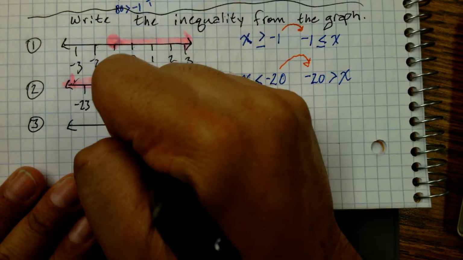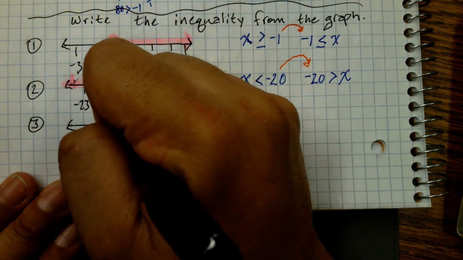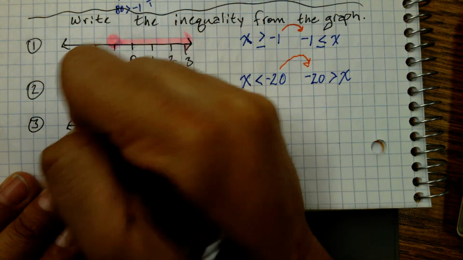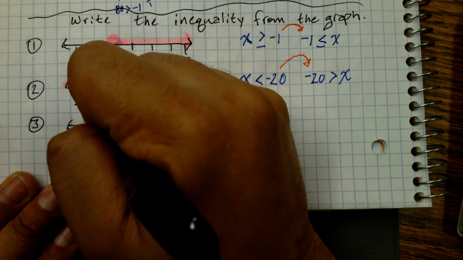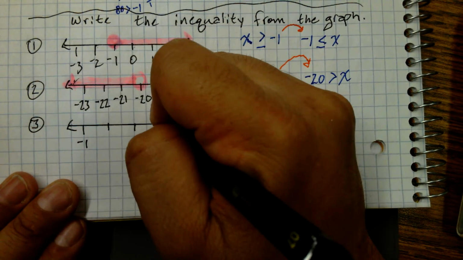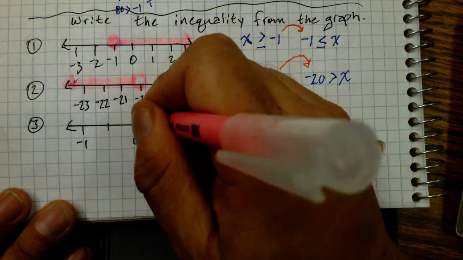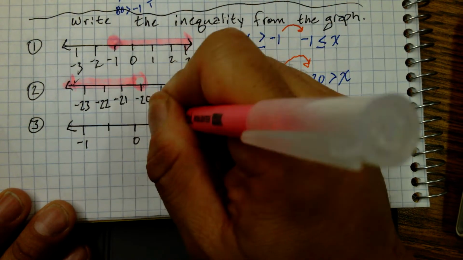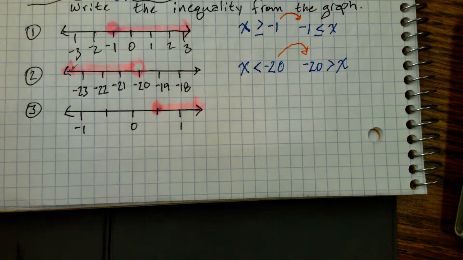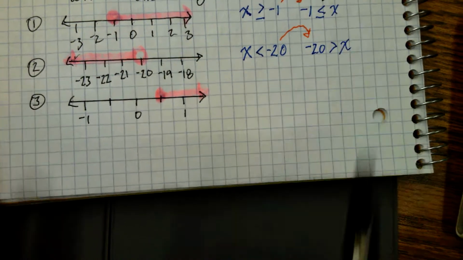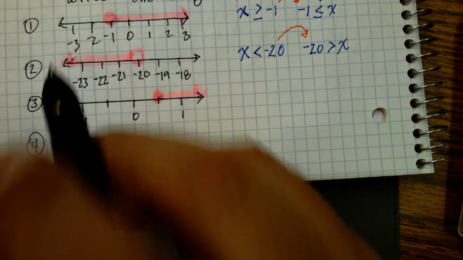Okay. Here's 0. Here's 1. This is right in between. Okay, so here's the next one, guys. And I'm going to do number 4 to finish this off. Start thinking about that one while I do the last one.